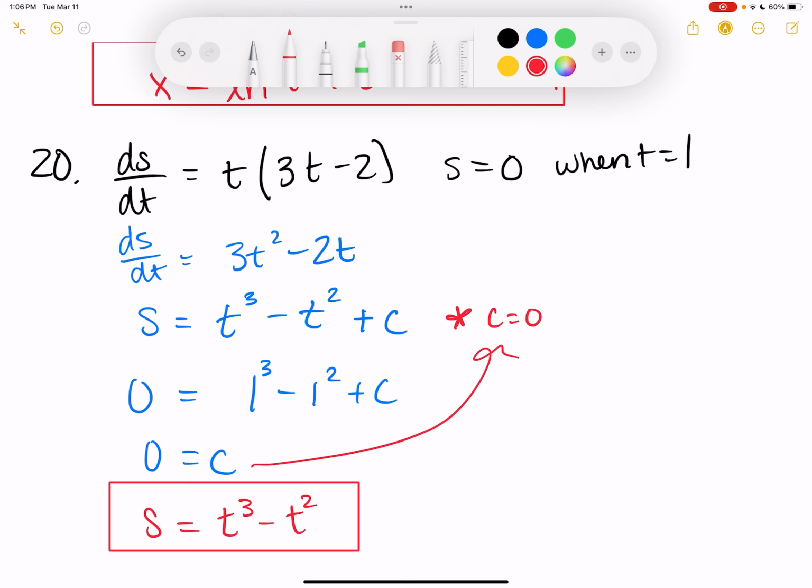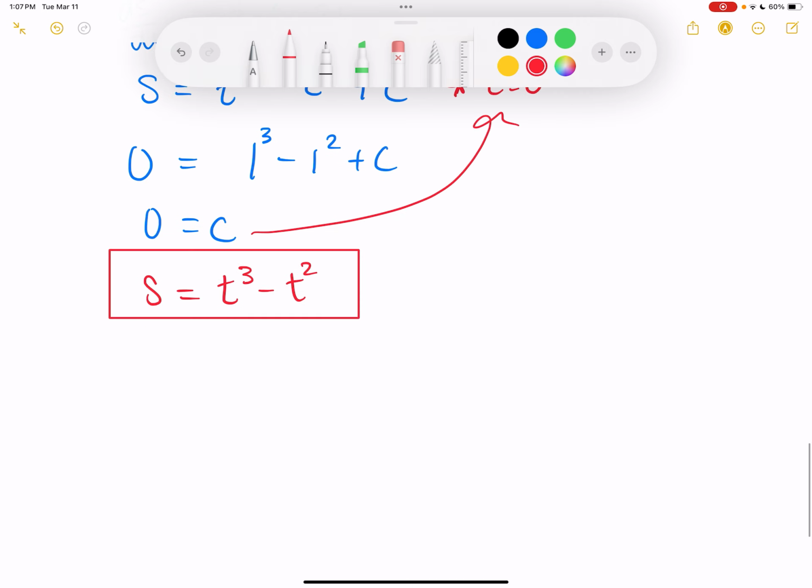All right, so the next thing, is it in this section or is this just review? Maybe it's just review. So we had the fundamental theorem before.